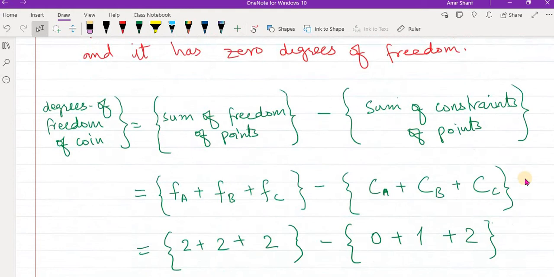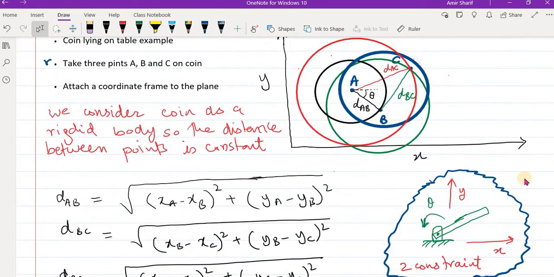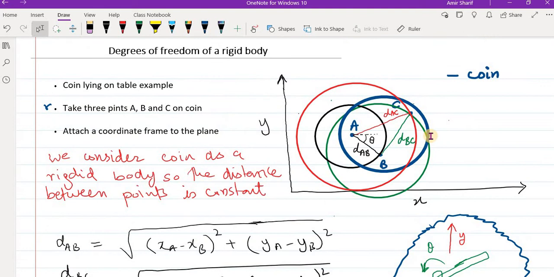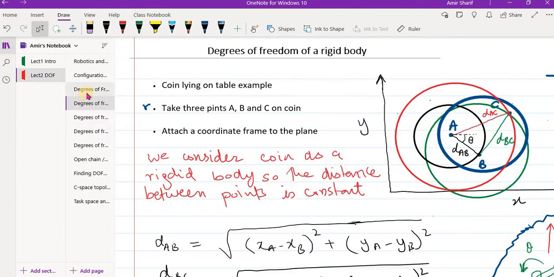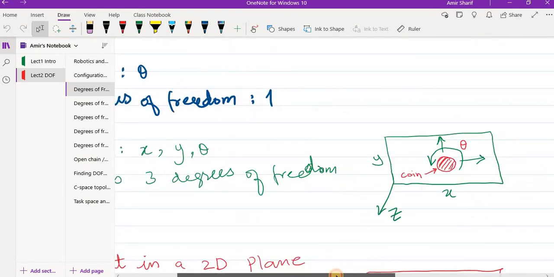We have developed a method that we can use to find the degrees of freedom of different rigid bodies, and the answer is the same as in the previous slide: a coin will have 3 degrees of freedom.